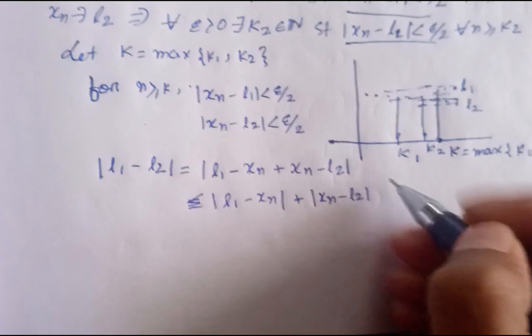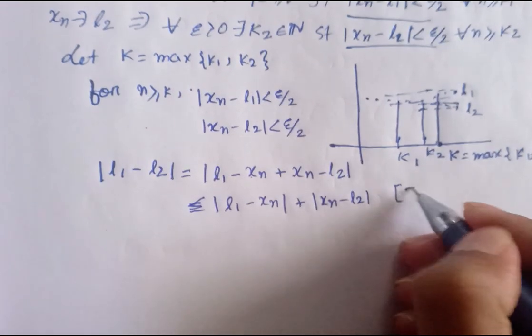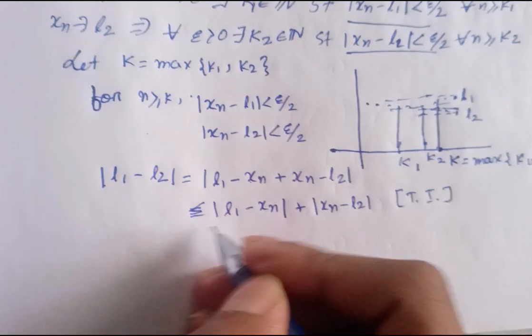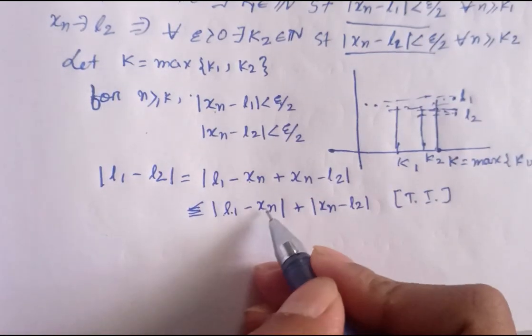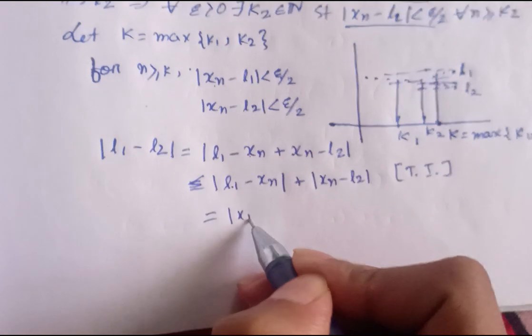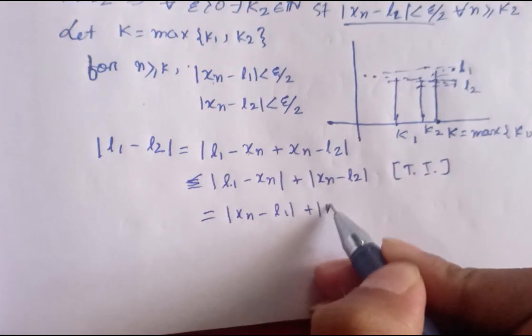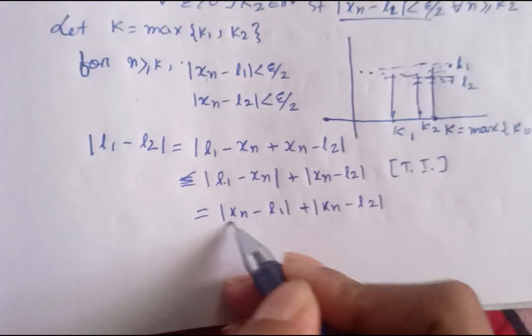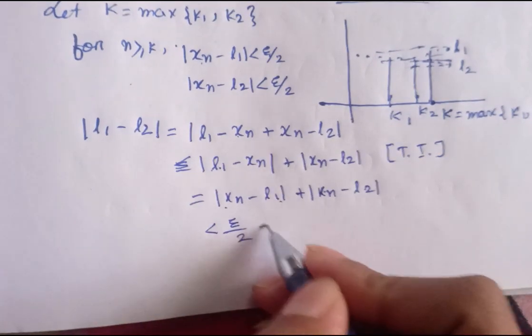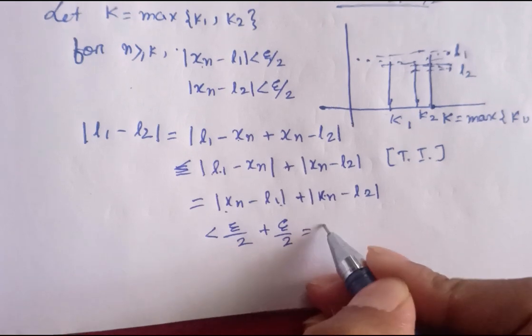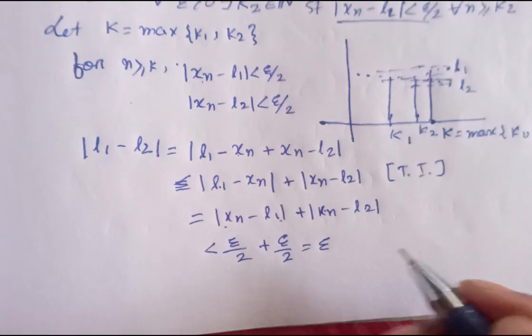This is the triangle inequality. Now mod of L1 minus xn is the same as mod of xn minus L1, which is less than epsilon by 2. Mod of xn minus L2 is also less than epsilon by 2. If we add, we get epsilon.